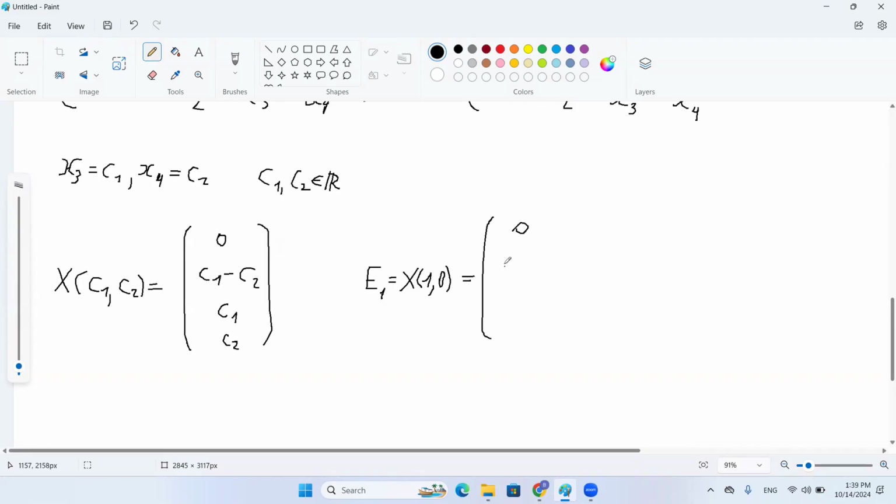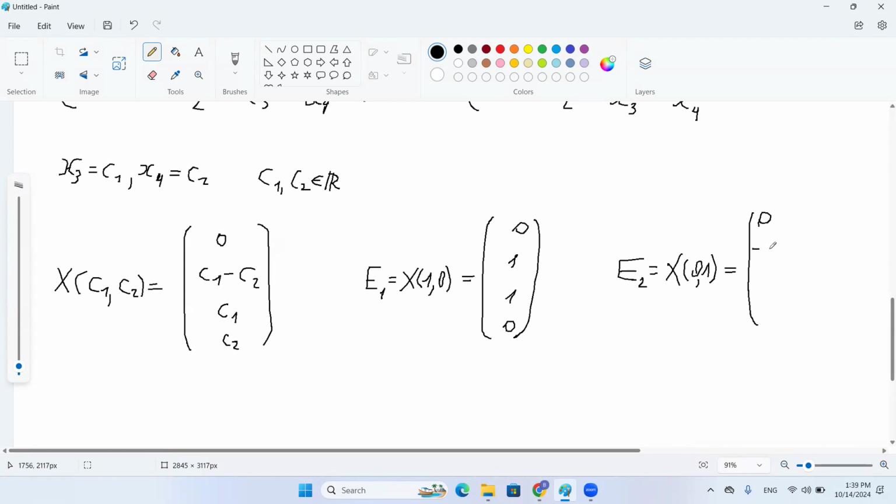So this will be 1, 0, 1, 1, 0. Then E2, the first element is always 0.